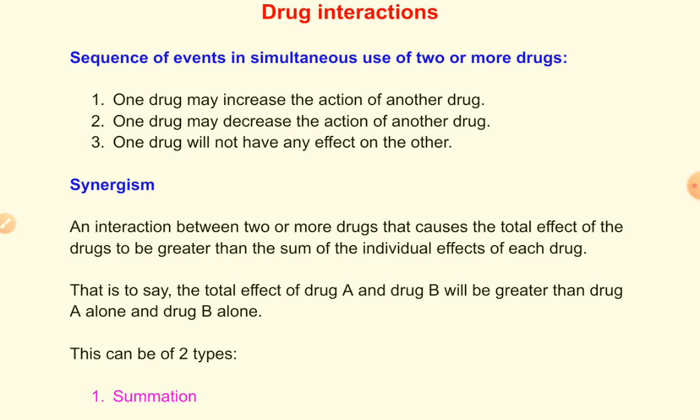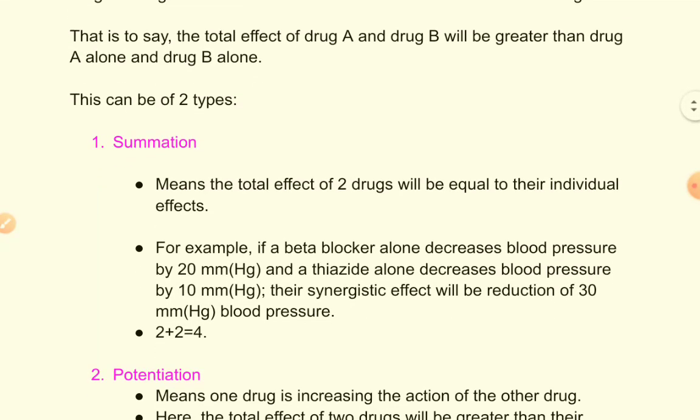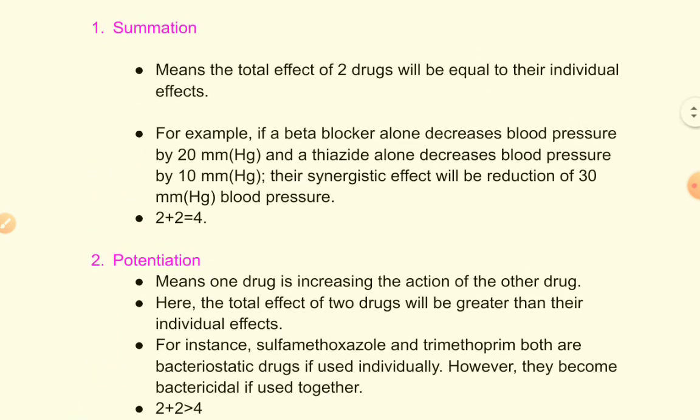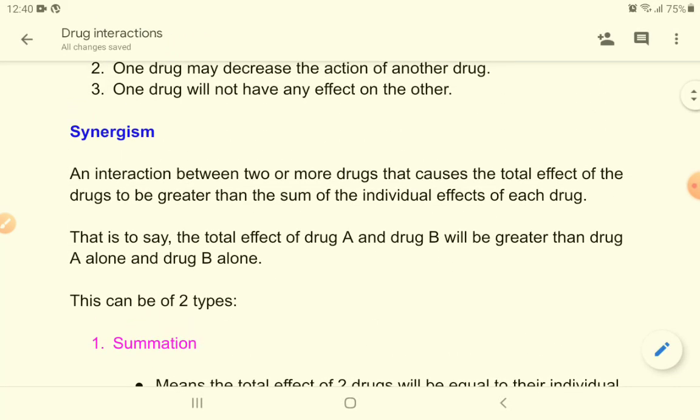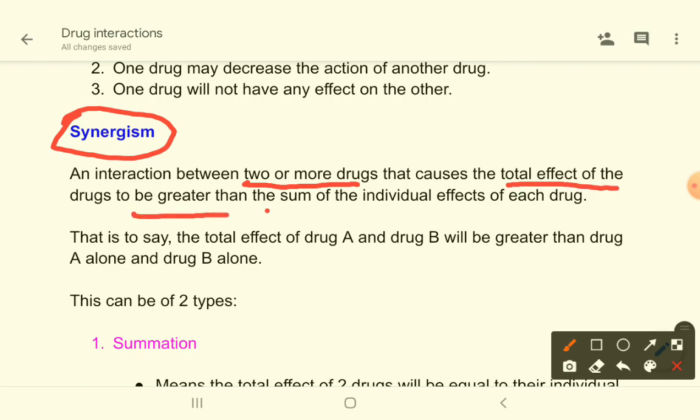So before going into the detailed examples of drug interactions, let's discuss a few important terminologies. These are synergism and antagonism. Okay, so what is synergism? An interaction between two or more drugs that causes the total effect of the drugs to be greater than the sum of the individual effects of each drug.